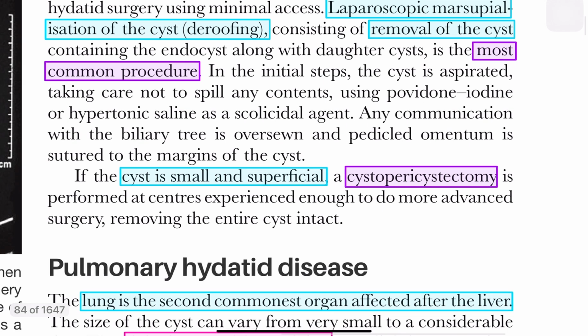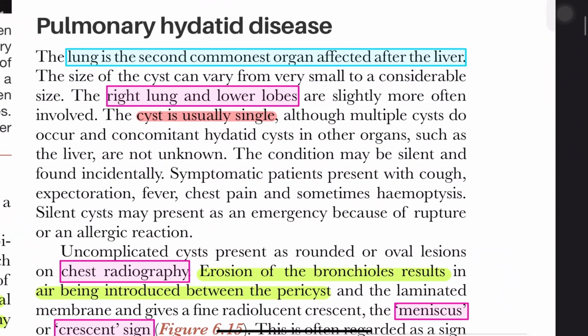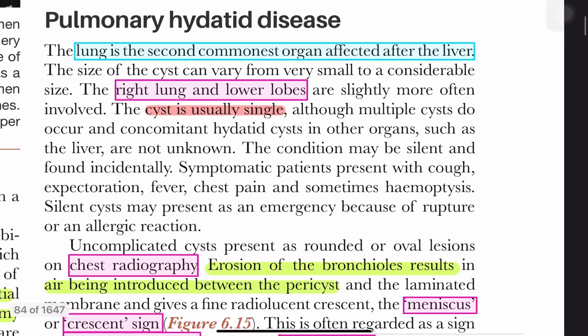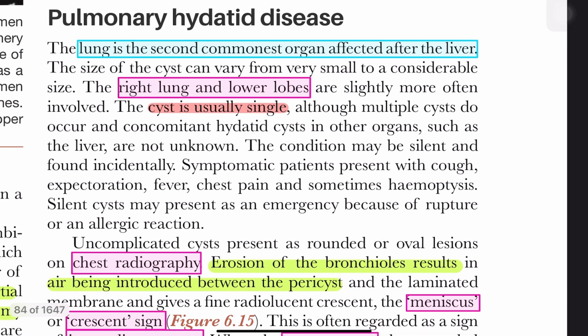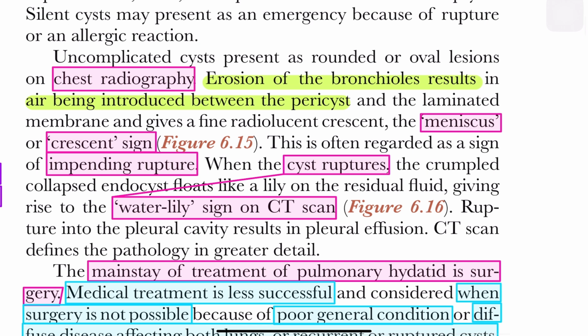If the cyst is small and superficial, a cystopericystectomy should be performed. A few points regarding pulmonary hydatid disease. The lung, as already said, is the second most commonly affected, mostly the right lung, since the liver is on the right side, and the lower lobe. In chest radiograph, you may get the meniscus or crescent sign, a sign of impending rupture.